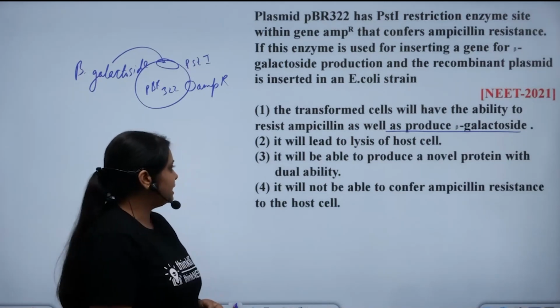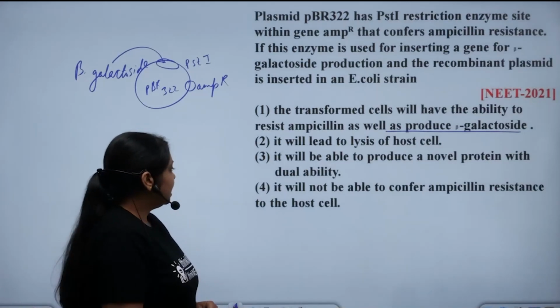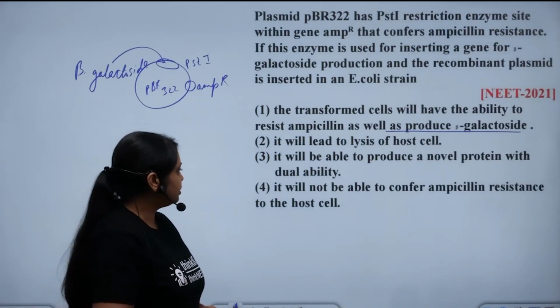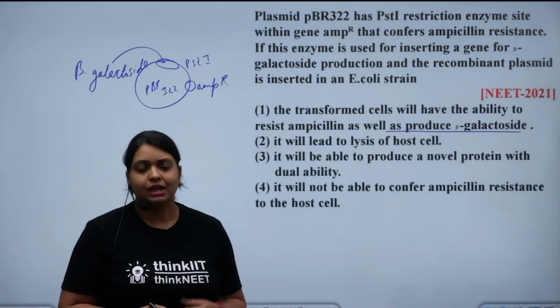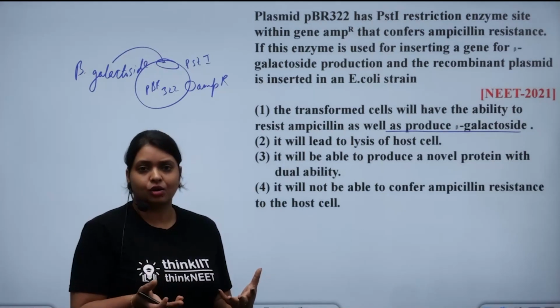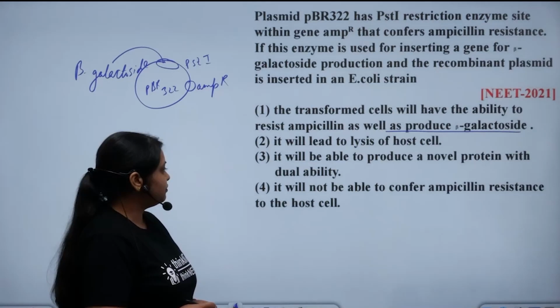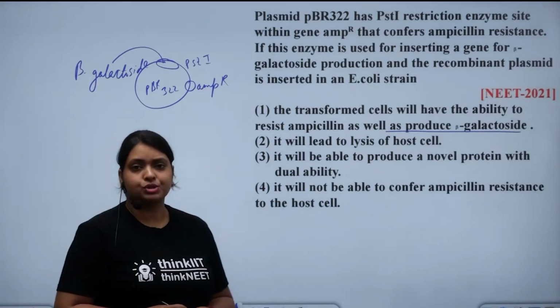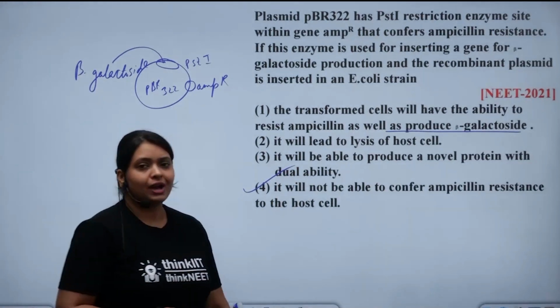Second option, it will lead to lysis of host cell, no it will not. Third, it will be able to produce a novel protein with dual ability, that is also not correct, because the transformed cell is not showing that, this is something else and not going with the question. Fourth, it will not be able to confer ampicillin resistance to the host cell. So the correct answer for this question is your fourth option. Why is it so?